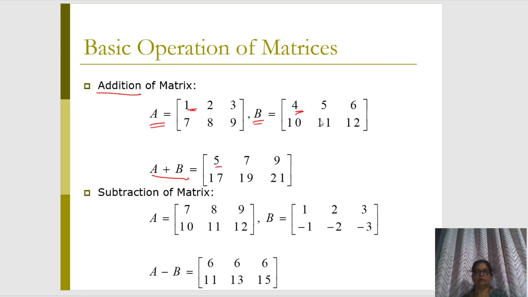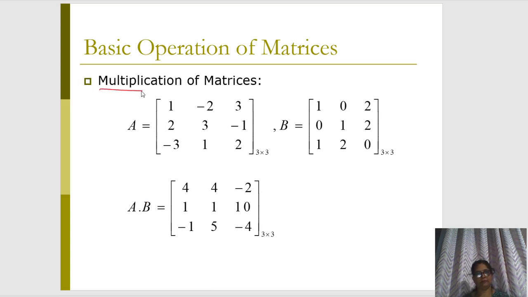Then 2 plus 5 equal to 7. In this way we add each and every term, that means position values, and find out the A plus B value. Similarly, subtraction. Instead of addition, we do the subtraction. First row, first column, 7 minus 1, we get 6. In this way we find out the values.